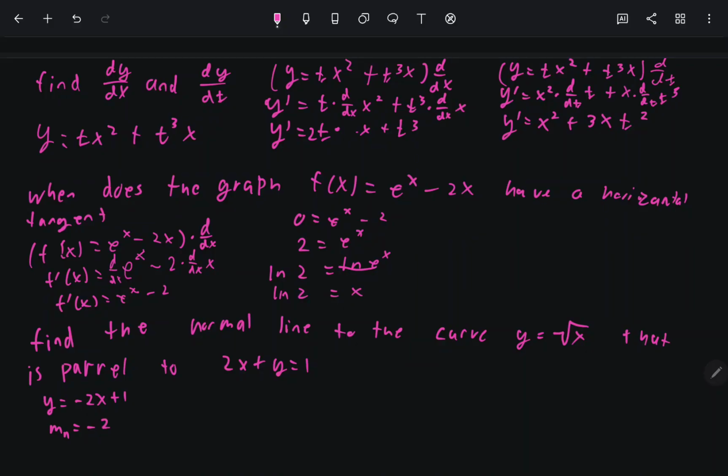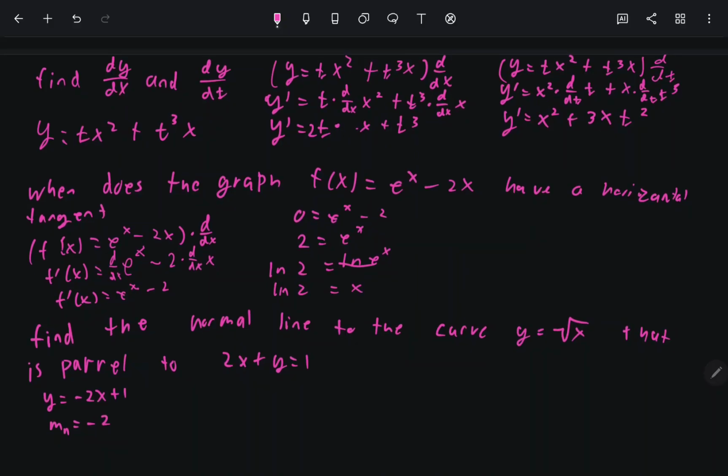Well, what even is a normal line? A normal line is the line that's perpendicular to the tangent line. So the slope of the normal is really just negative 1 over the slope of the tangent.